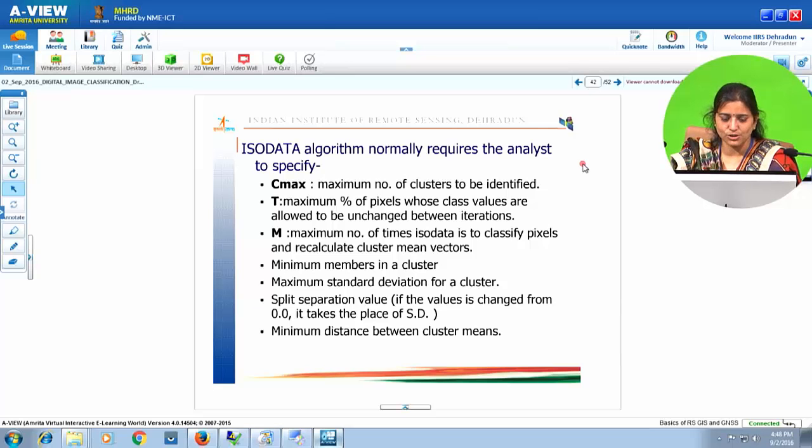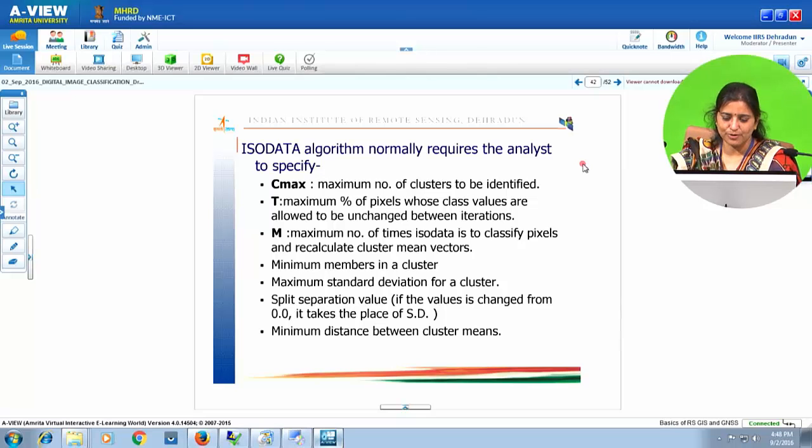We also have to specify the minimum members in a cluster, the maximum standard deviation for a cluster, the split separation value, which theoretically is taken as 0.0.